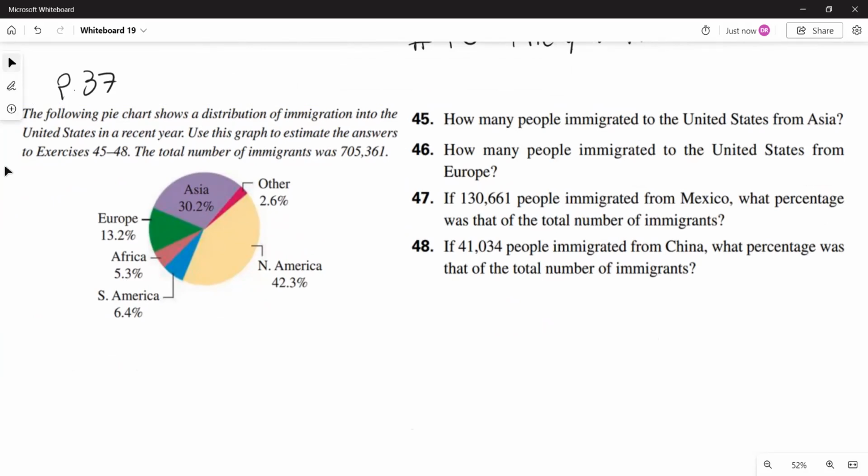The following pie chart shows a distribution of immigration into the United States in a recent year. Use this graph to estimate the answers to exercises 45 through 48.